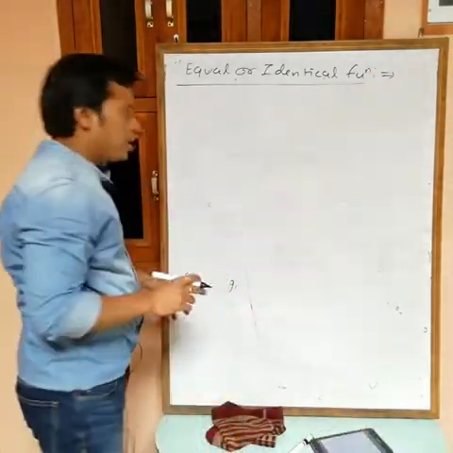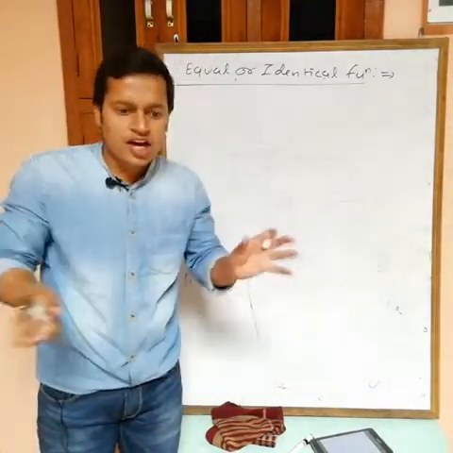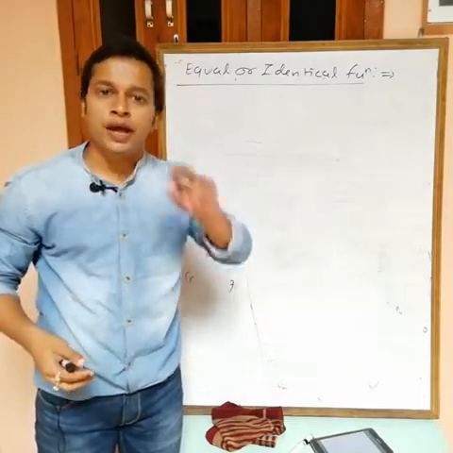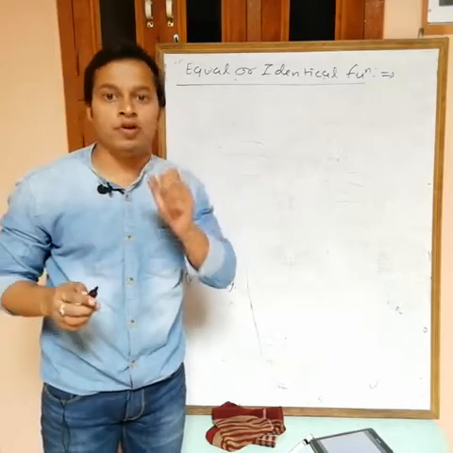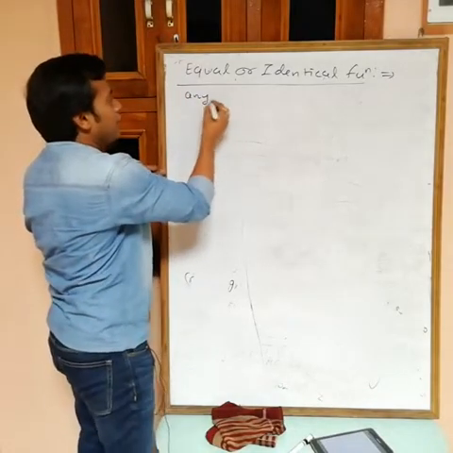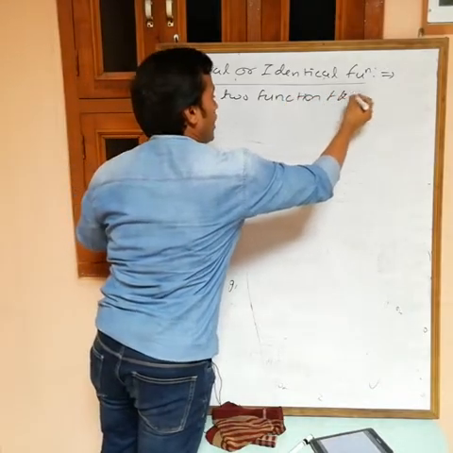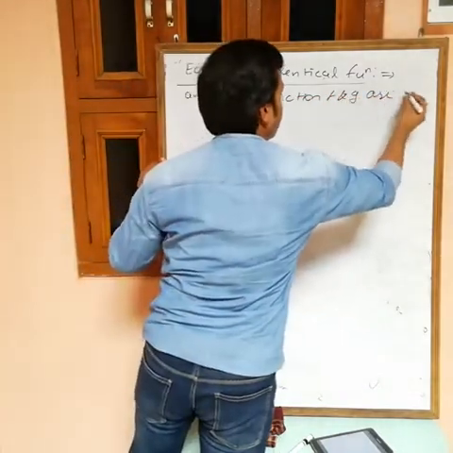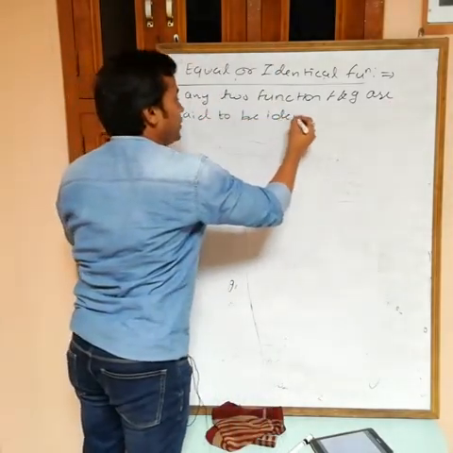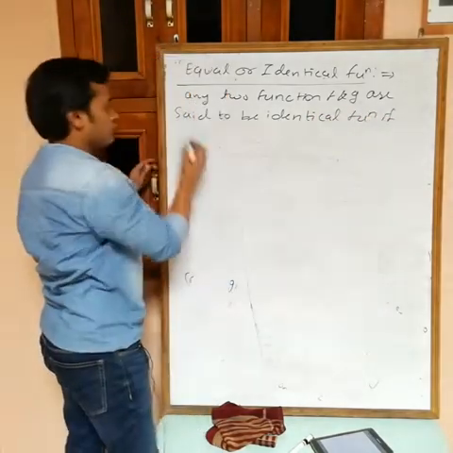Now see, equal or identical function: any two functions are said to be equal if they are same in domain and same in range. So any two functions f and g are said to be identical functions if we have two conditions.